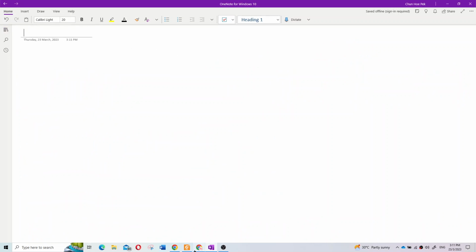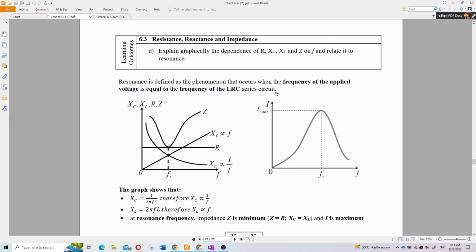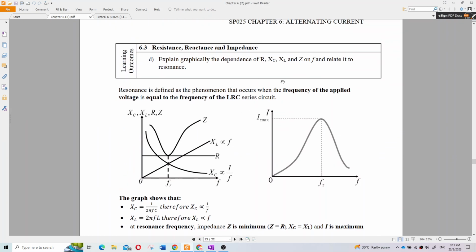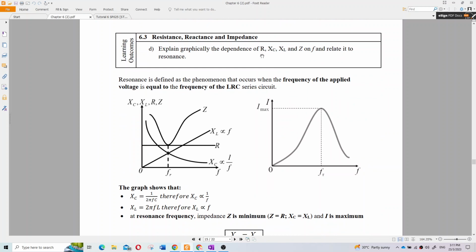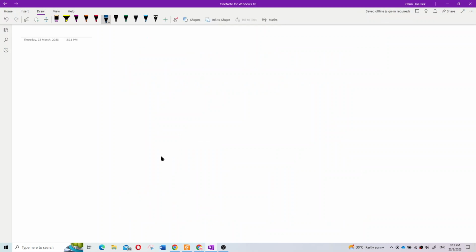But before we talk about resonance, let us talk about how resistance, reactance, and impedance relate to frequency first. It is all based on the formula which you have learned. How do resistance, XC, XL, and Z relate to frequency?